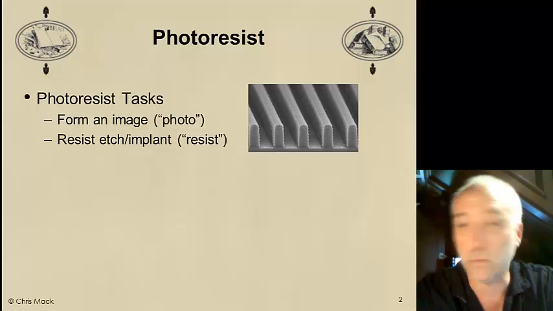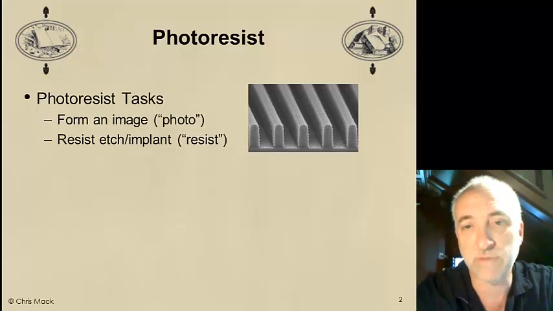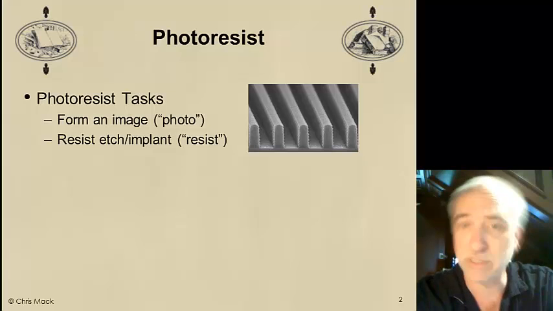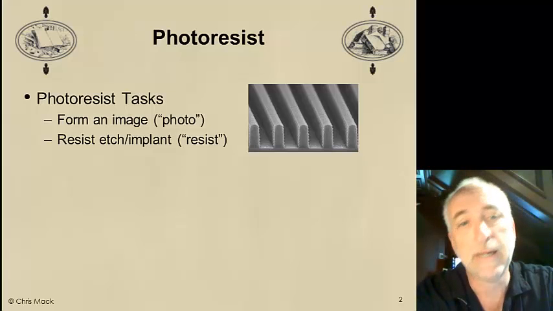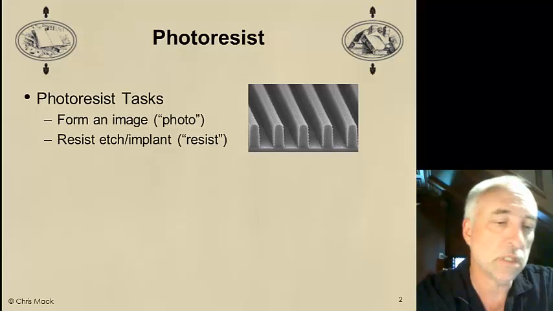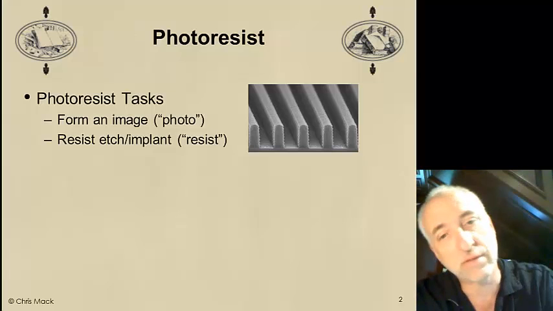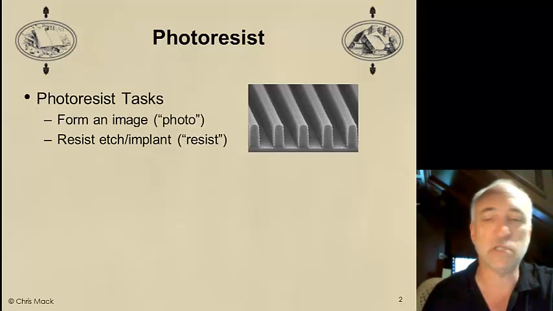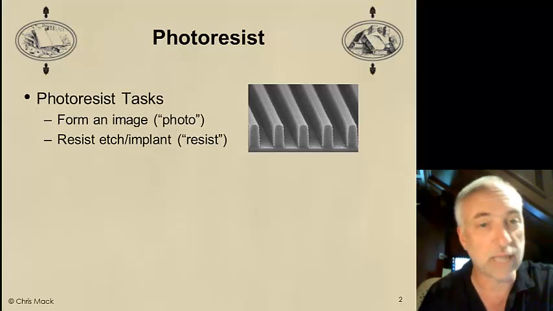We must be able to coat the resist onto the wafer effectively with good uniformity, with no defects. We must be able to photo and resist. We also must be able to strip the resist off when we're done. We must have good adhesion of the resist to the substrate, etc. So there are more than just these two tasks, but these are the important tasks.